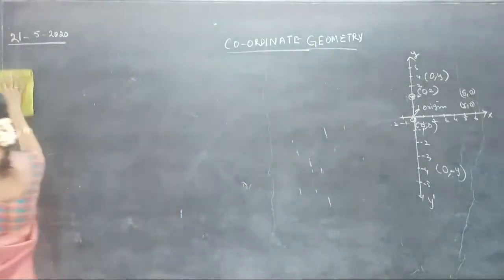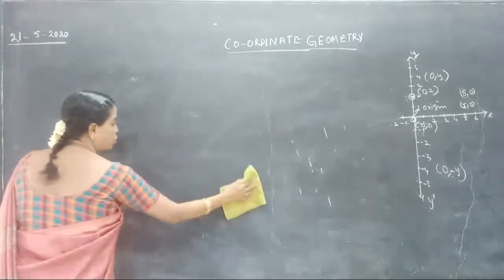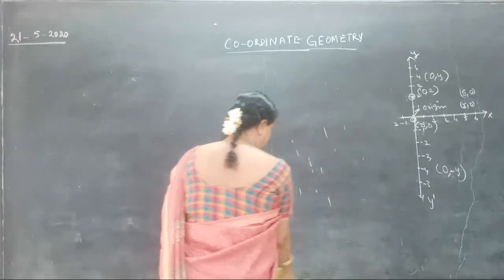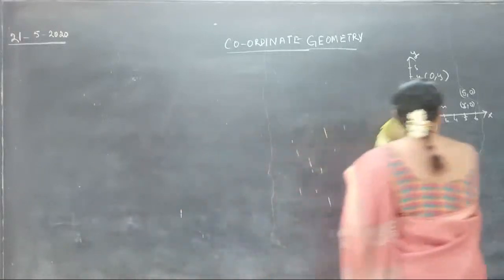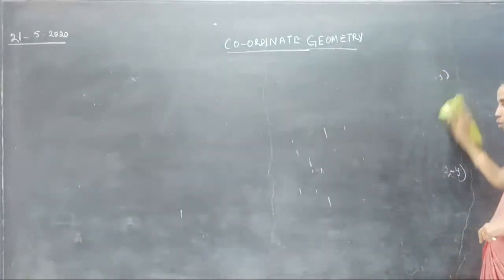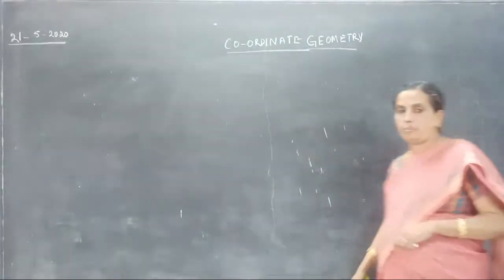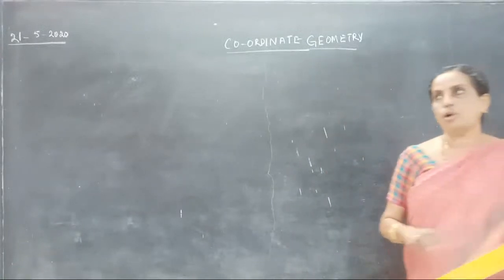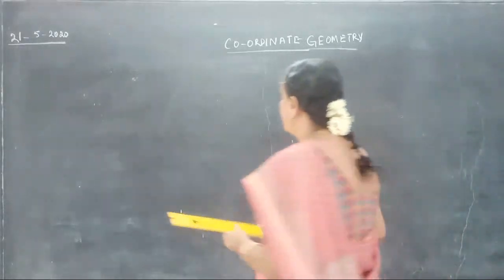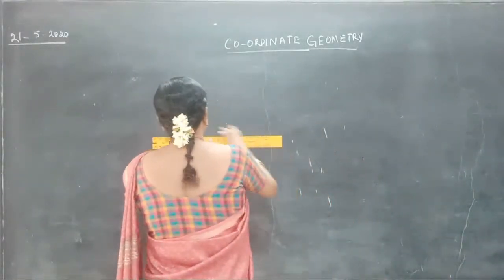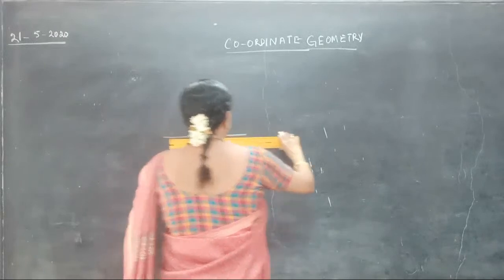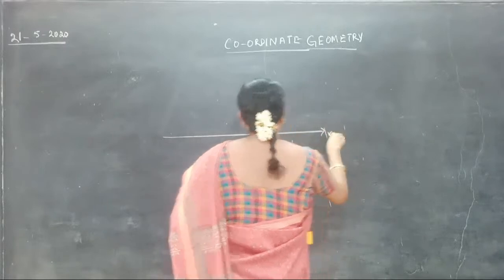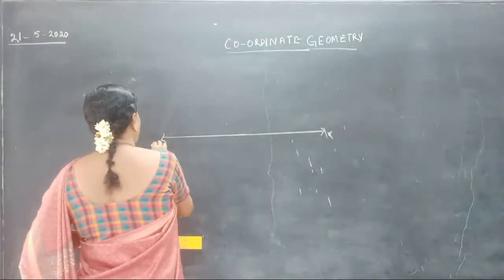After locating the points on the Cartesian plane, we can identify to which quadrant it lies, or vice versa. We can plot those points on a Cartesian plane. So get ready in your book, drawing perpendicular lines, that is XOX' and YOY'.